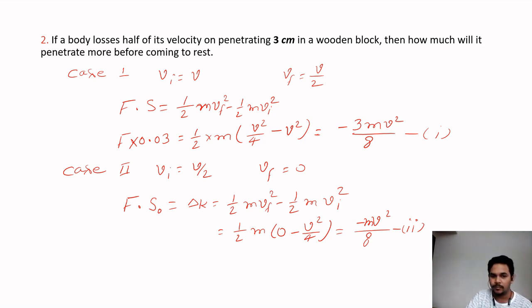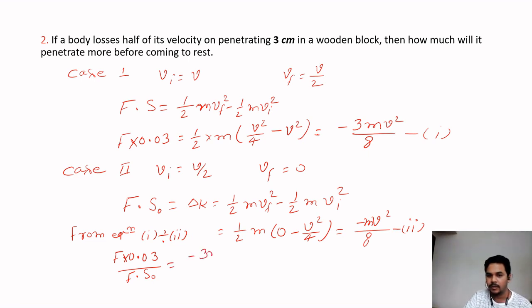So from equation 1 by equation 2: F into 0.03 by F into s naught equals, on the right side, minus 3 m v square by 8 divided by minus m v square by 8.